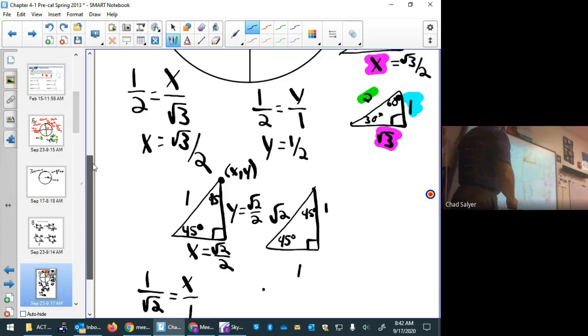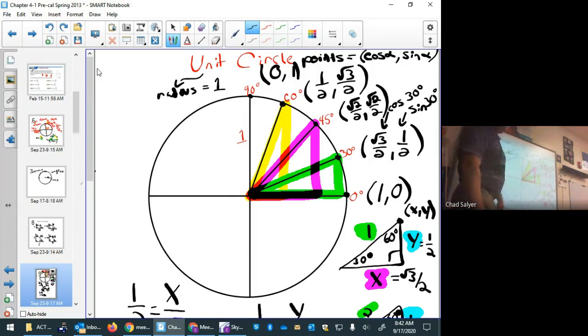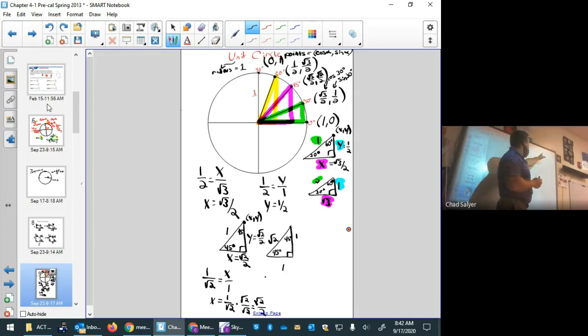Now, we have found the last point in quadrant 1. Okay, and I'm going to put all this up here at once. Points equals cosine alpha, sine alpha. So for every point, you have a cosine for the x-coordinate and a sine for the y-coordinate of that angle.